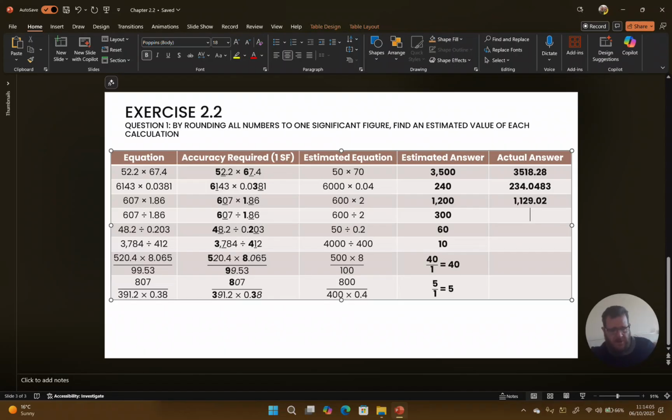The fourth one, so we did 607 times 1.86 last time. This time we're doing 607 divided by 1.86. Oh wow.